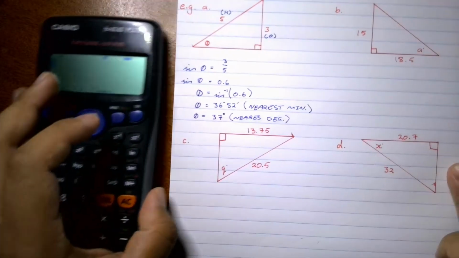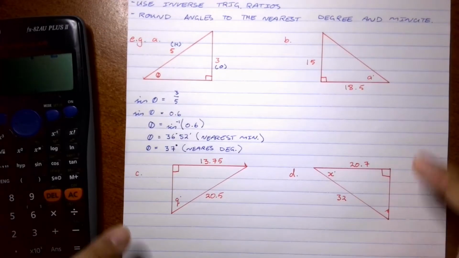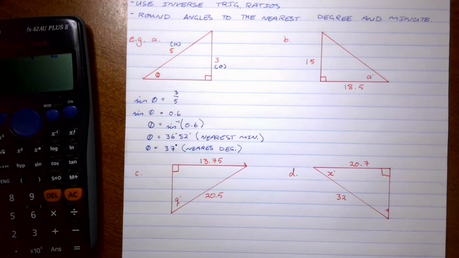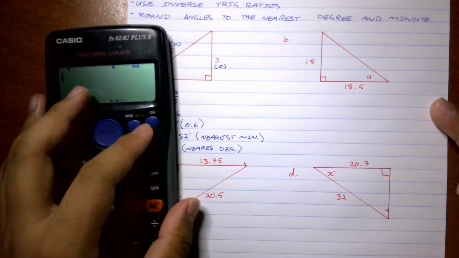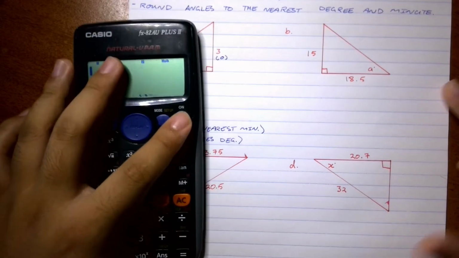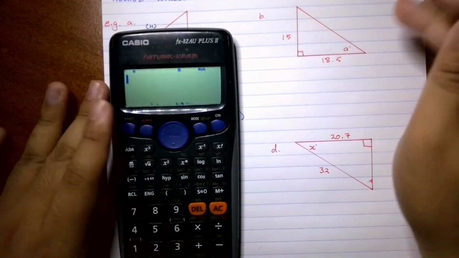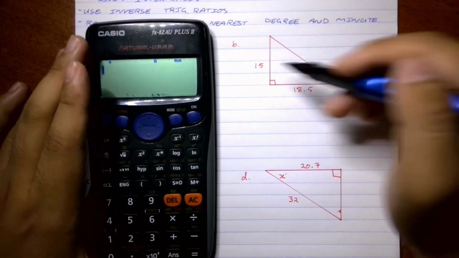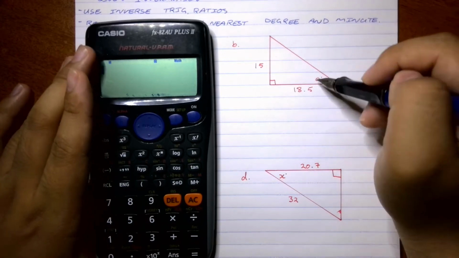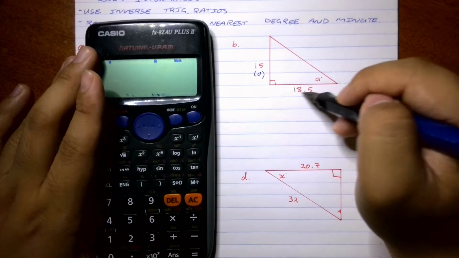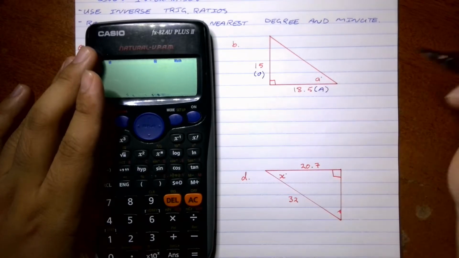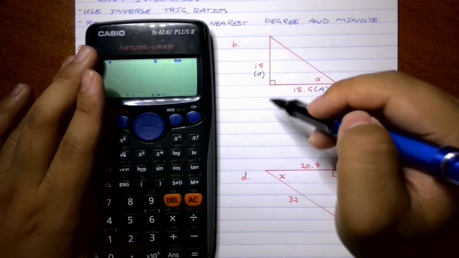Now I'd like you to give this a go on these three examples, because I'll be answering them very quickly. In 3 seconds: 3, 2, 1, and here we go. Once again, we need to figure out which ratio we have to use. From A, we are given the opposite, 15, and 18.5 is adjacent. That is tan.